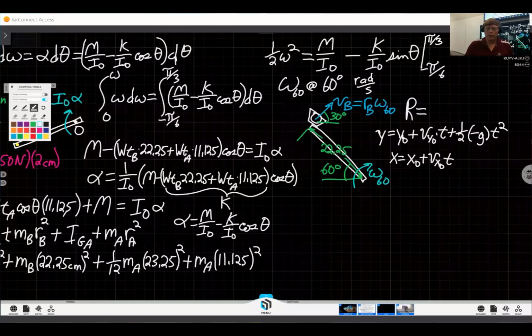You could, if you want to figure out the time it takes to get to the apex of the projectile curve, double that to figure out the full range. But basically solve for your time.